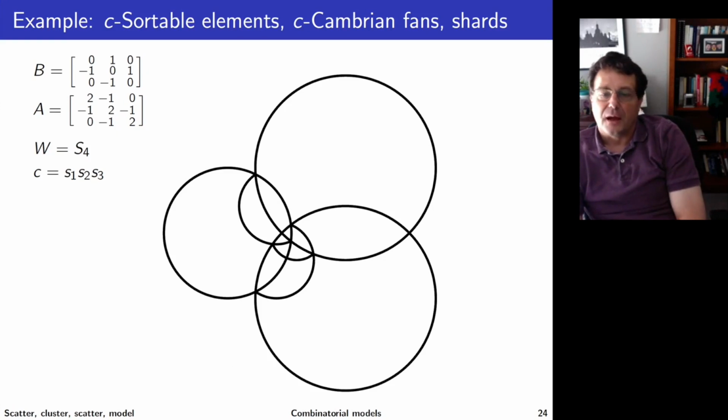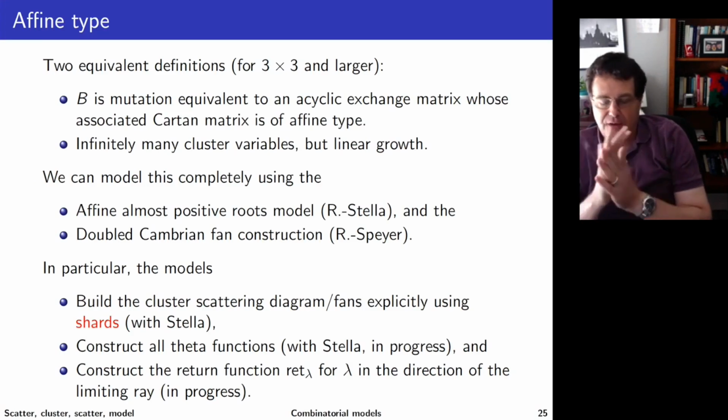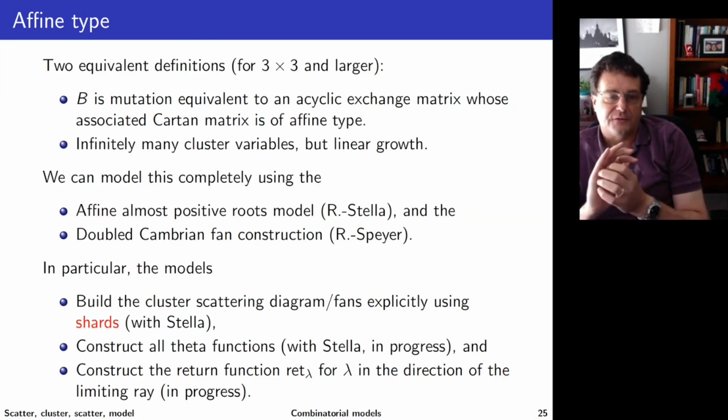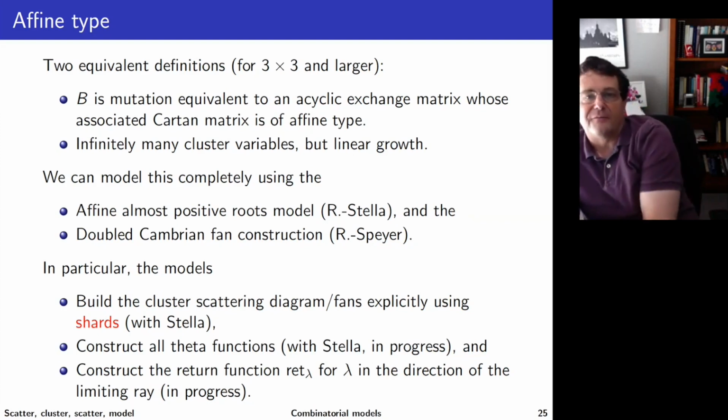Let me spend maybe 3 or 4 minutes just trying to show you how things play out in affine type. Affine type's been something that David Speyer and I, and also Salvatore Stella and I, have been thinking a lot about recently. Salvatore and I are still in progress with some things that I'll tell you about. But there are 2 different ways to think about affine type.